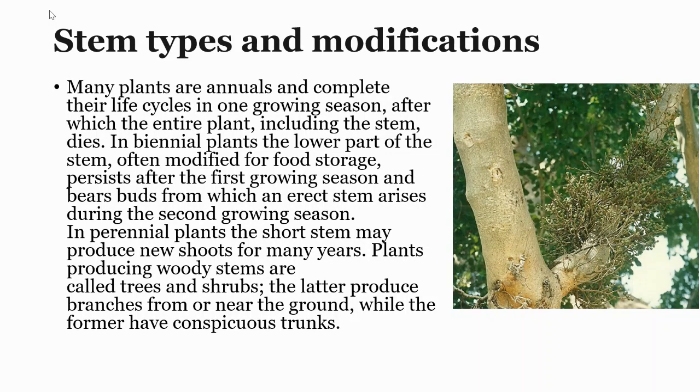In perennial plants, the short stem may produce new shoots for many years. Plants producing woody stems are called trees and shrubs. The latter produce branches from or near the ground, while the former have conspicuous trunks.